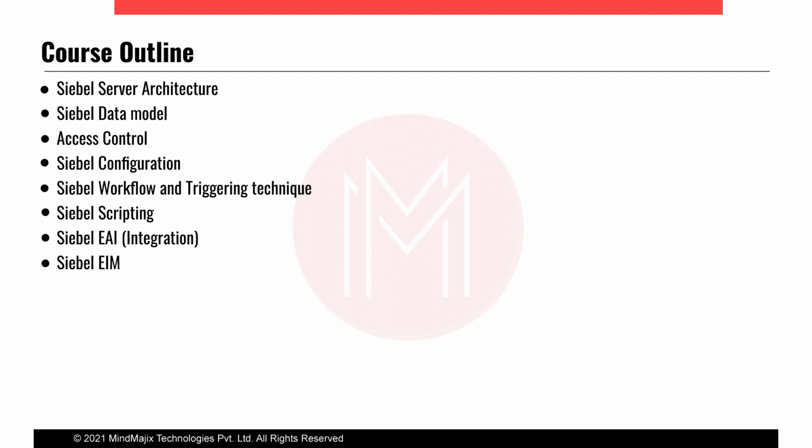Now, Siebel EIM. What is Siebel EIM? Siebel EIM is a mechanism where Siebel allows us to do bulk load. Let's say we have 10 lakh records. How can we load all those 10 lakh records at once? We cannot enter the records manually one after another.